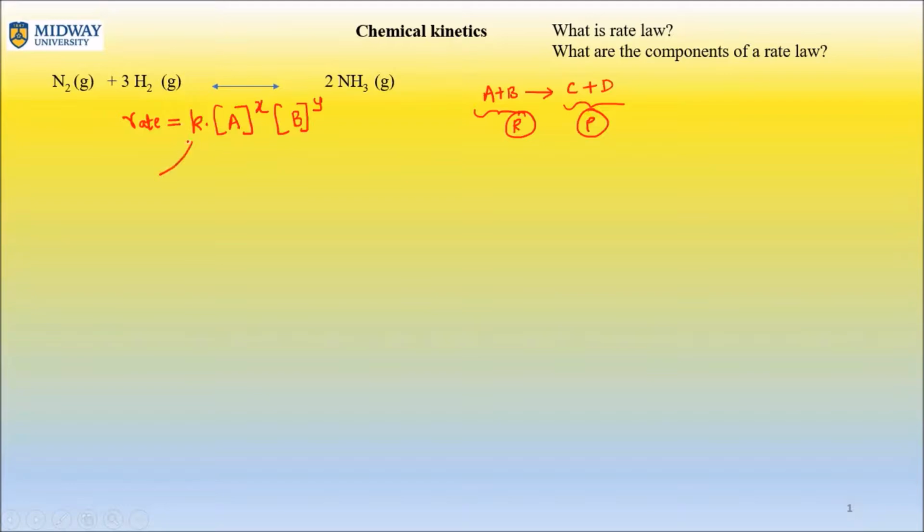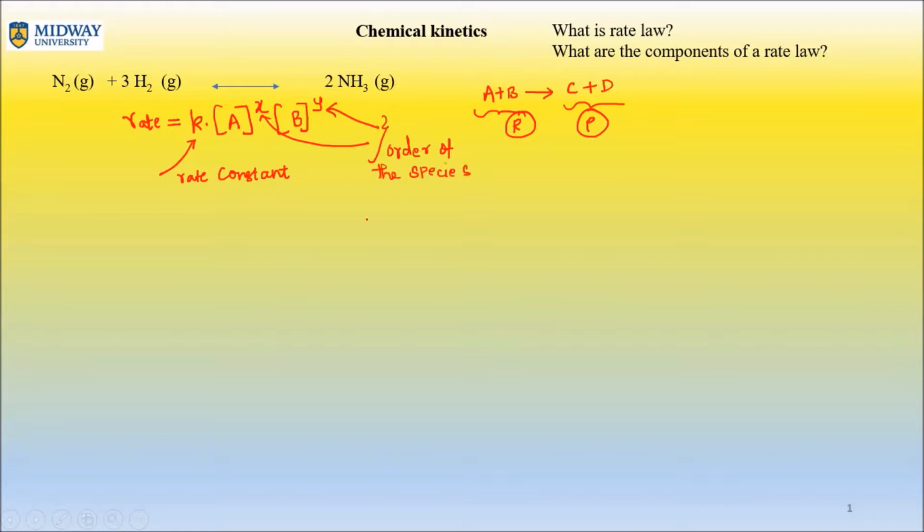This is called a rate constant, okay? The value and the unit for the rate constant tell you all about the type of reaction you have at hand. We'll talk more about the rate constant as we go on, but I want you to know that K refers to the rate constant. This right here, folks, the X and the Y, together they're called the order of the species, okay?